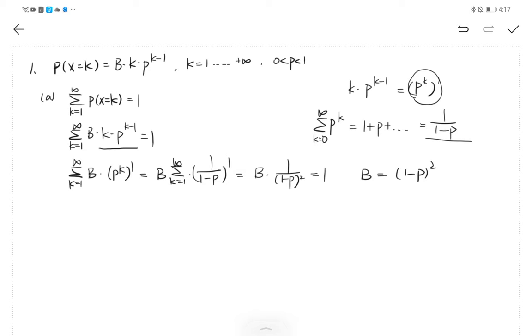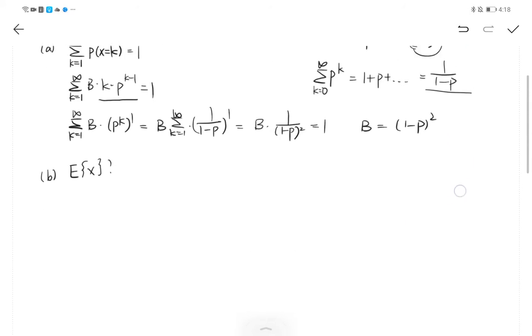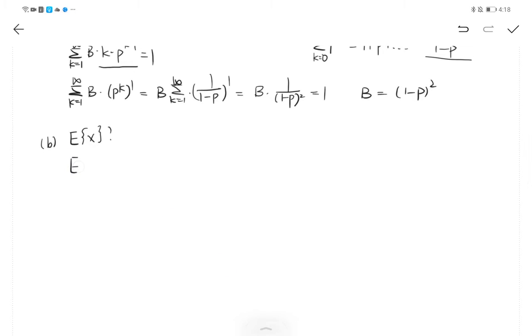Question B: find the expectation of X. We should write the form of the expectation first. The expectation of X equals the sum of k multiply P(X equals k), right?